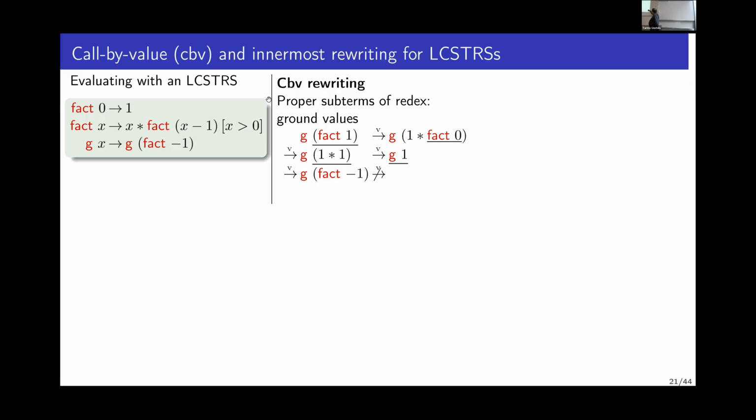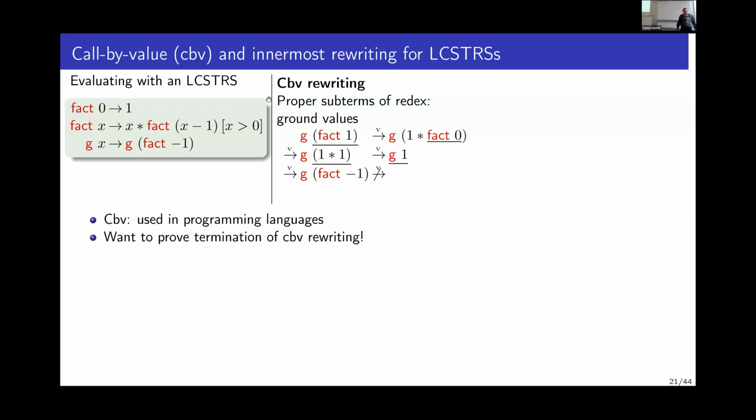And now finally we can evaluate g of 1, which gives us g of fact of minus 1. And we're stuck. Fact of minus 1 is not a value. It's an application of a function. And call by value rewriting terminates. So that's what's used in programming languages and what we want to analyze.